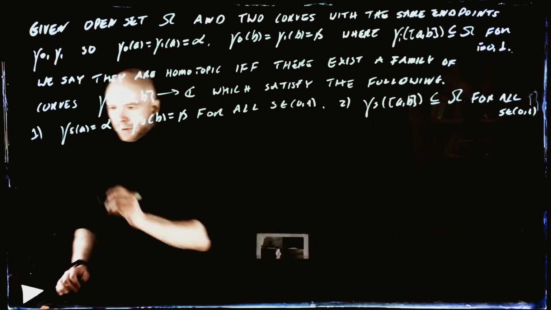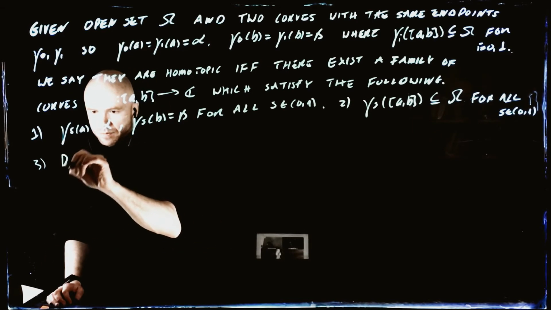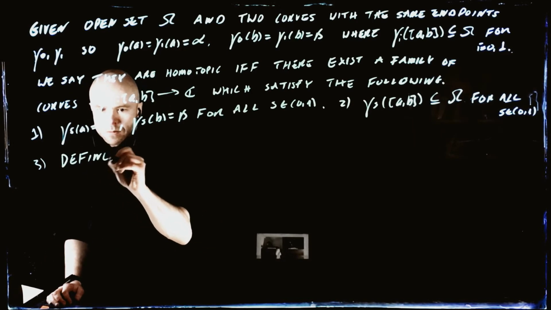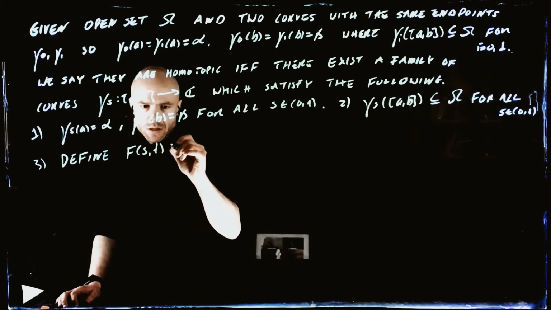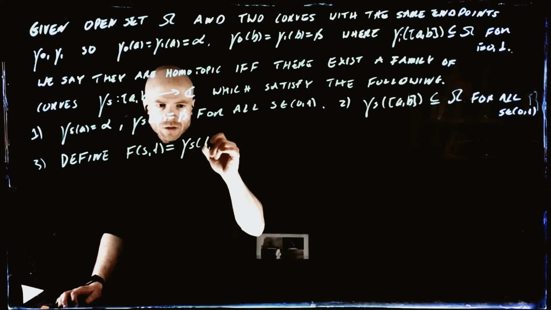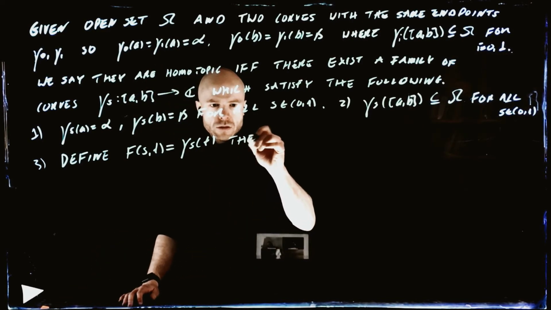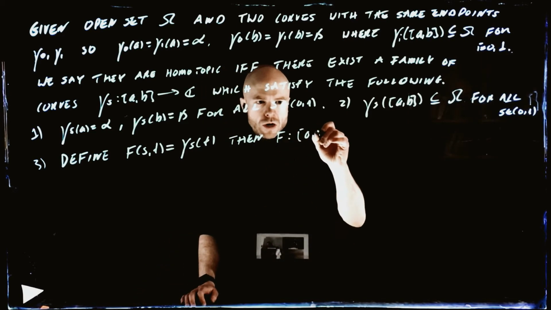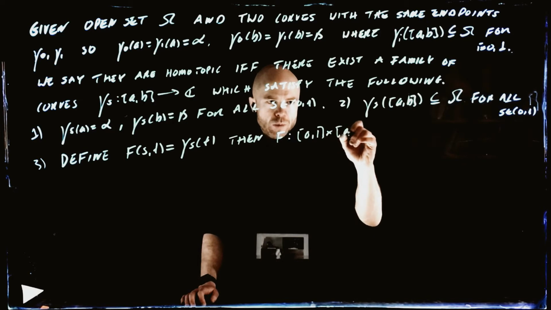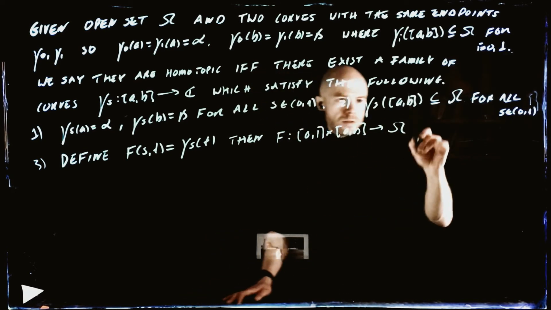And the third property, if we define this function capital F of s, t to be equal to gamma s of t, then F, which is going from 0, 1 cross product with AB into omega, is jointly continuous.